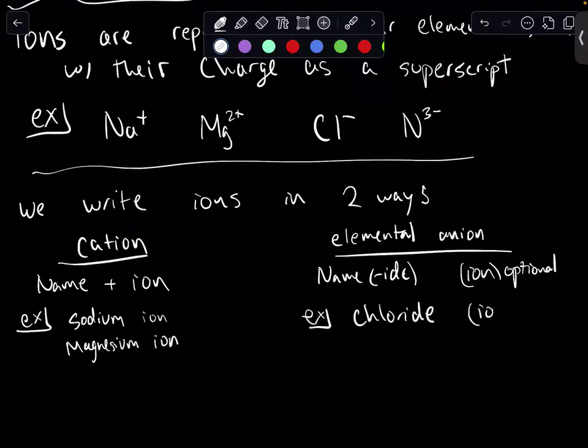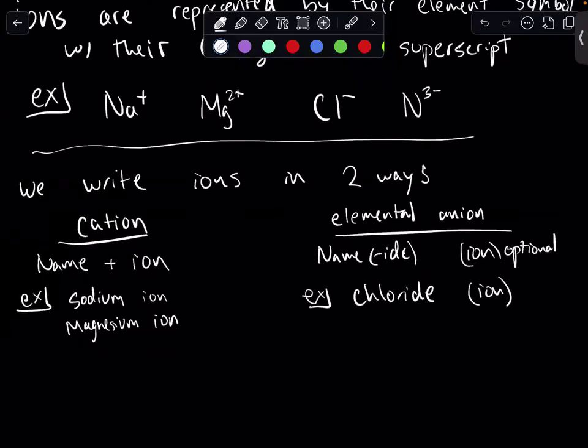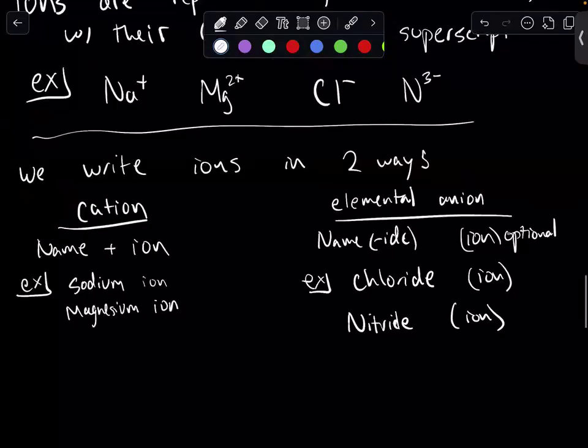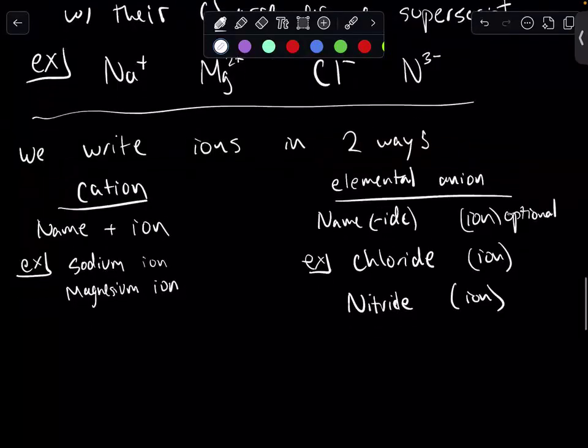And you can say ion or not. But if you say chloride, any scientist worth their salt knows you're talking about Cl−. Nitrogen becomes nitride. And again, you can say ion or not. It doesn't actually matter. So when we write these, we have to be very, very careful.